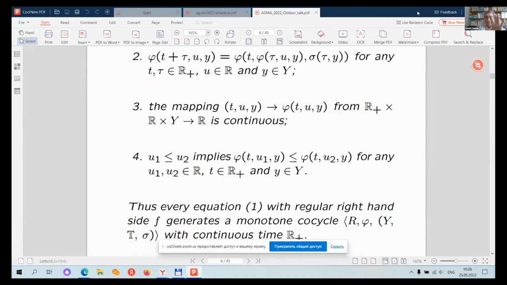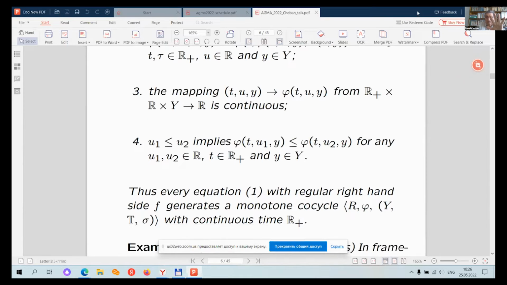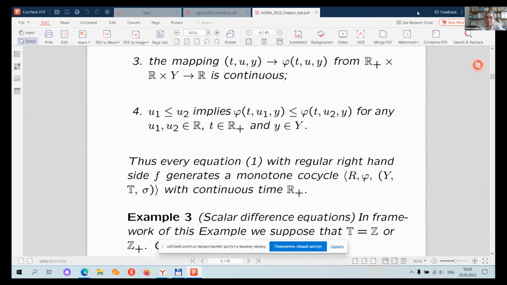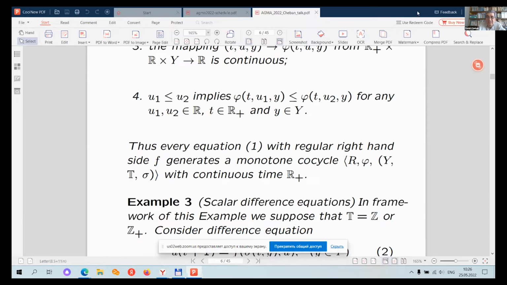an object which consists of 3 parts. First, here we have R, which is the phase space of equation 1, a one-dimensional Euclidean space, the real axis.